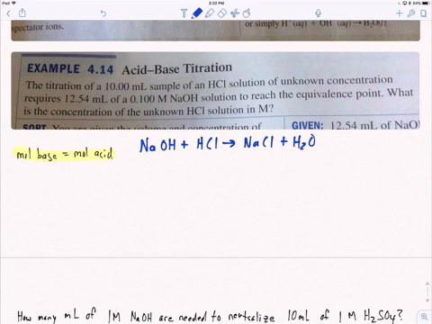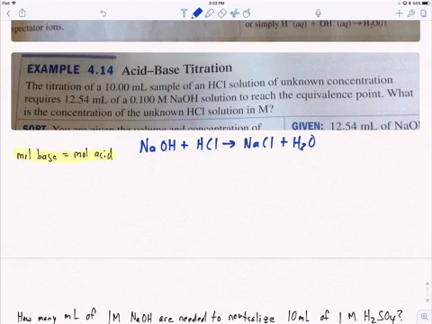So you could figure out the moles of base, which are then the moles of hydrochloric acid, and divide by the volume. But you can also do it this way, using dimensional analysis.